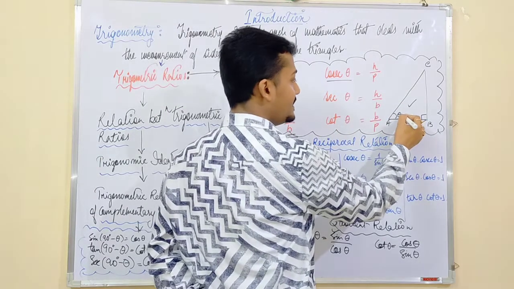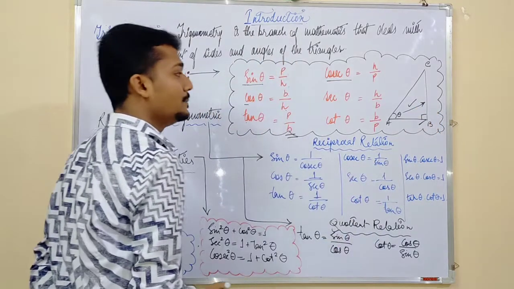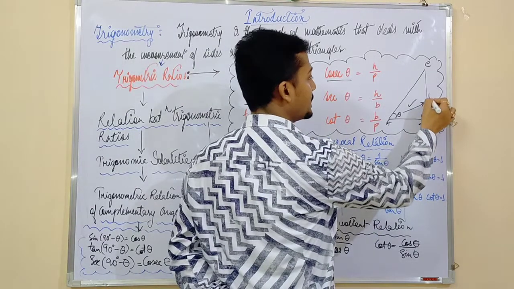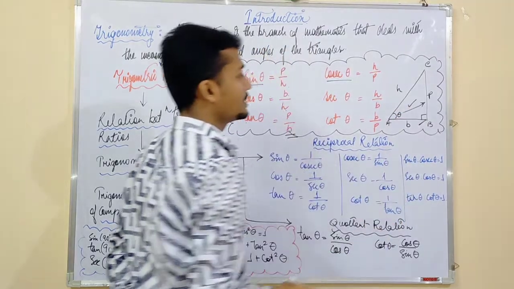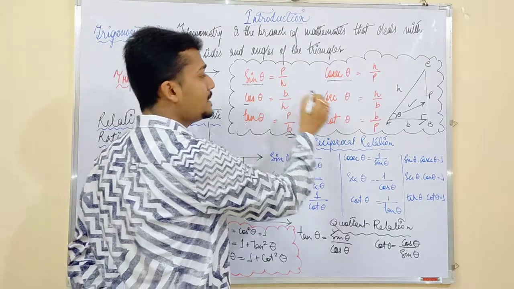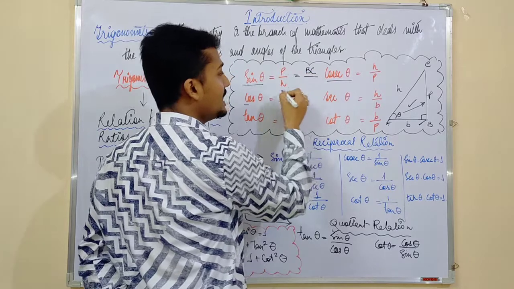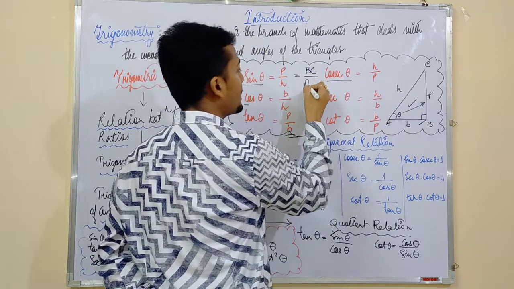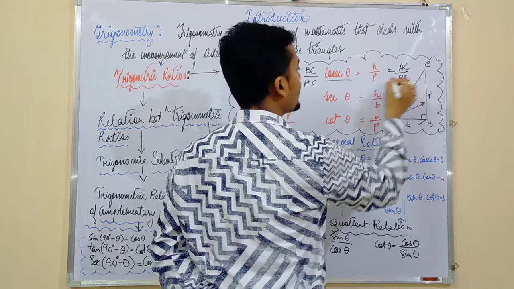If this is the angle we are taking, then the side opposite to theta will be the perpendicular, this one will be the base and this one will be the hypotenuse. Is that clear? Sin theta is p by h, p is BC, h is AC. So cosec theta will be AC by BC.